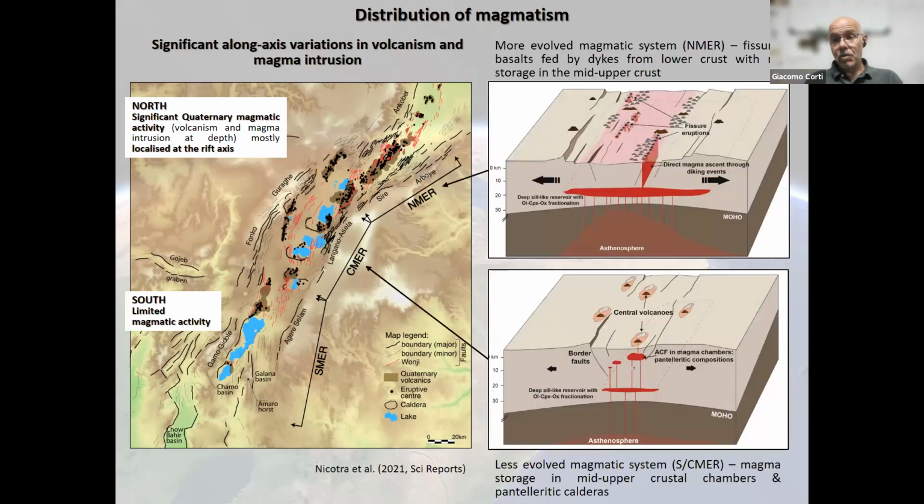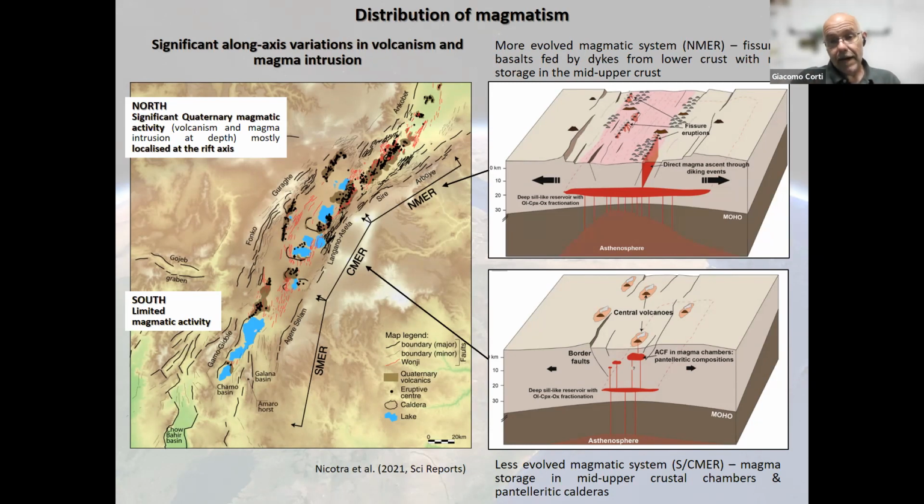This is associated with petrological evidence for a transition from less evolved magma plumbing system in the central part of the Ethiopian rift, where we have magma storage in the mid to upper crust with development of magma chambers and, for instance, large pantelleritic calderas in these sectors of the rift.